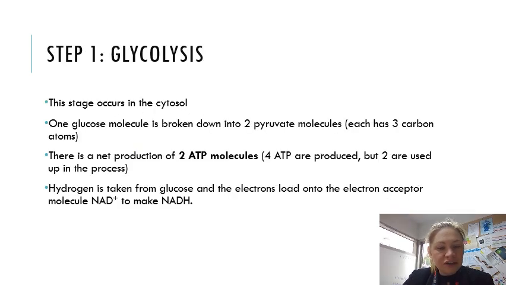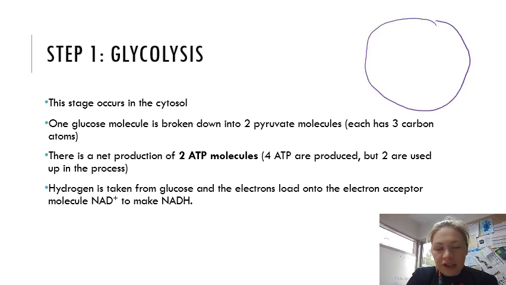So in glycolysis, we start in the cytosol. So if we imagine a cell, our cytosol is the cell's juice, and inside the cytosol we contain lots of different organelles. Okay, one of them is the mitochondria, which we'll talk about a bit later.